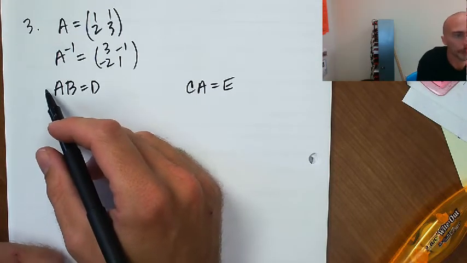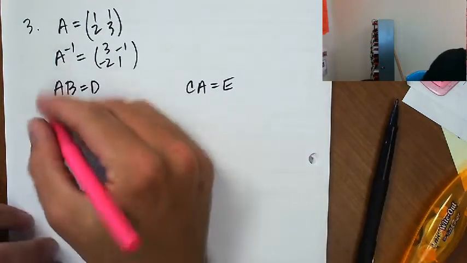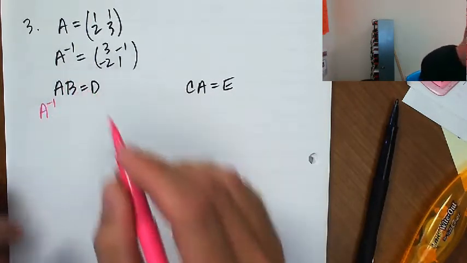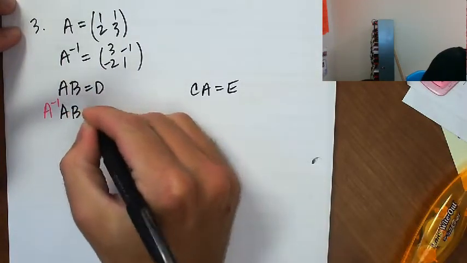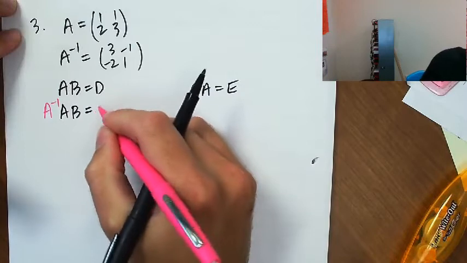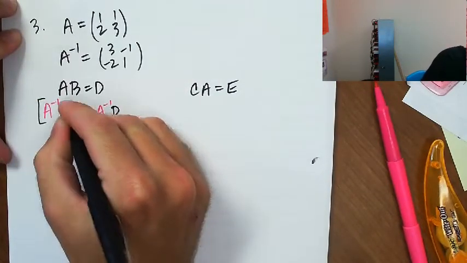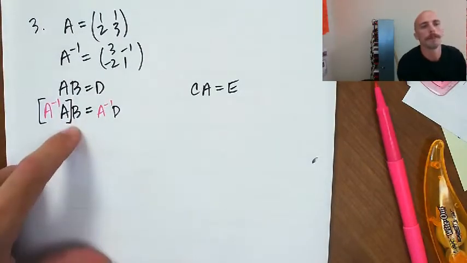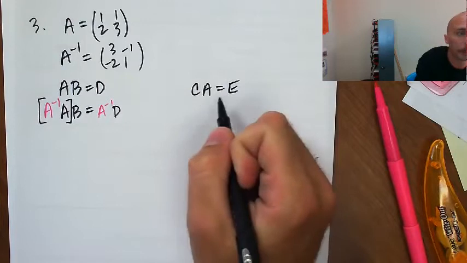And because matrix multiplication doesn't commute, I need to be careful about what side I hit it on. So I'm going to multiply A inverse on the left so that I can then apply the associative property and say, oh, okay, B is going to be A inverse times D.